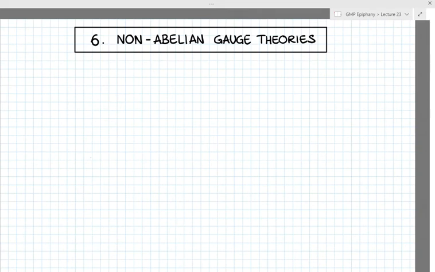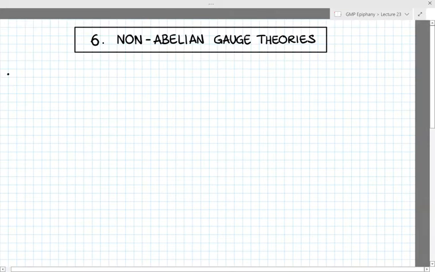Today we'll start chapter 6, in which we'll learn how to formulate gauge theories with a non-abelian gauge group.